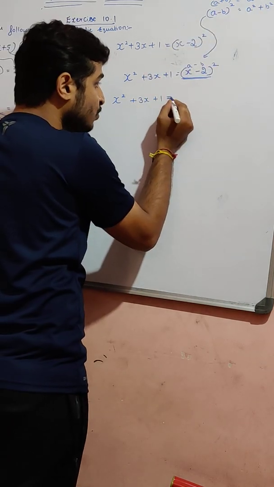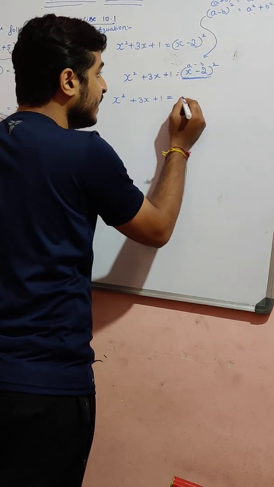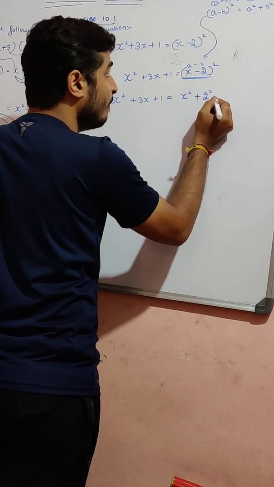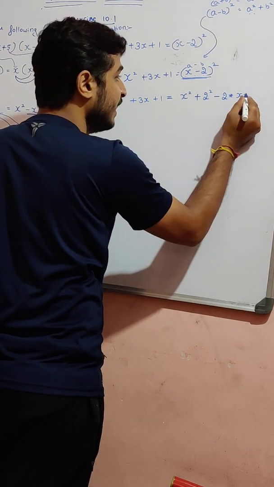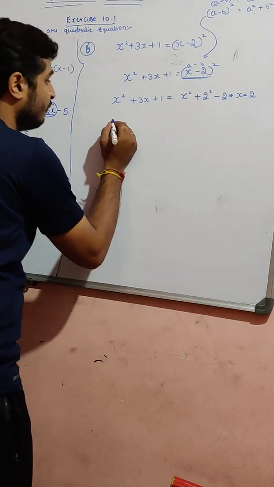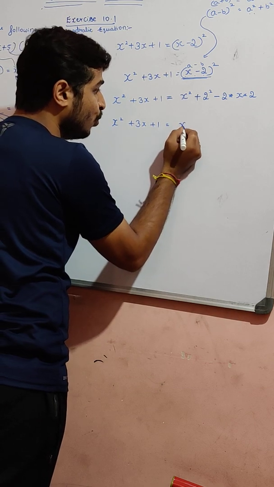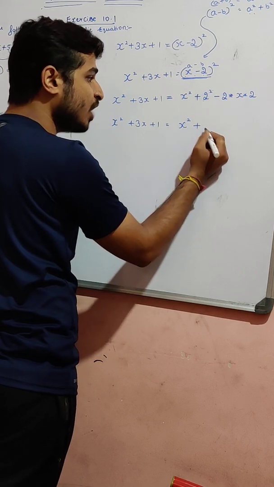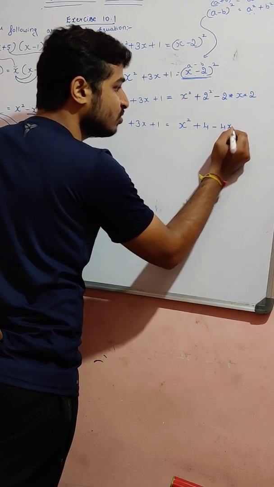So x minus 2 whole square: in the place of a you should write x square, plus 2 square minus 2 into x, where a means x and b means 2. Now x square plus 3x plus 1 is equal to x square plus, 2 square is 2 twos are 4, minus 2 into 2 into x, so 4x.